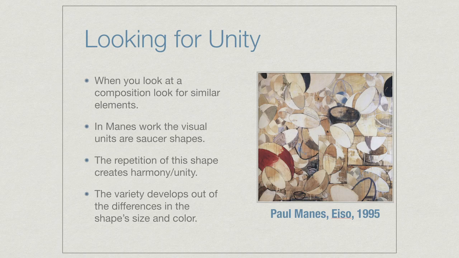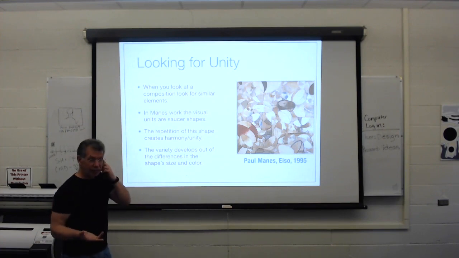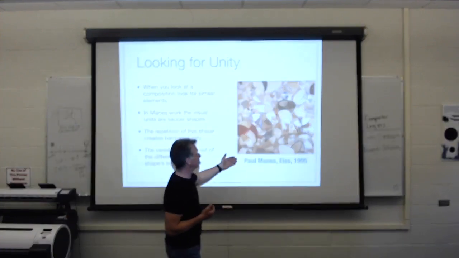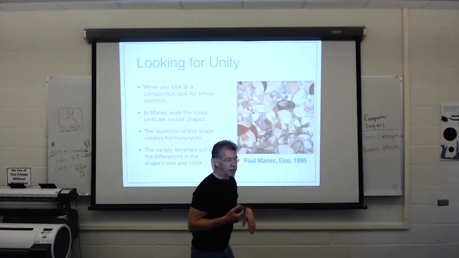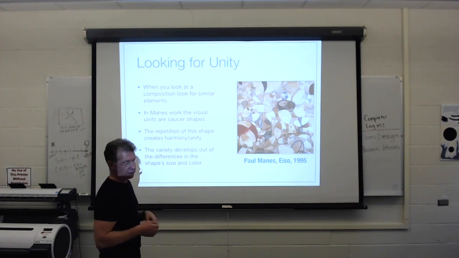So we have some that are big, some that are small, some are white, and so that makes this interesting. Now, again, it's dependent on subjective opinion, whether you think this is interesting or not, but it's much more interesting than, say, those squares that I showed you on the last slide.